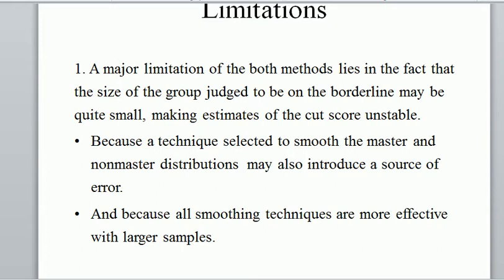There is a passing or fail category. There is a category of borderline which lies between passing and failing. So it is difficult for the judges to give a decision about some person who is not clearly passing or who is not clearly failing.